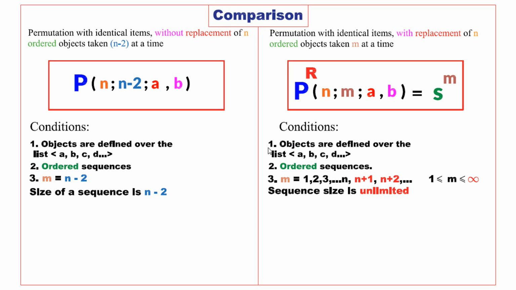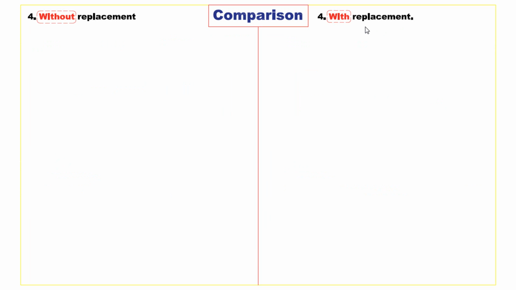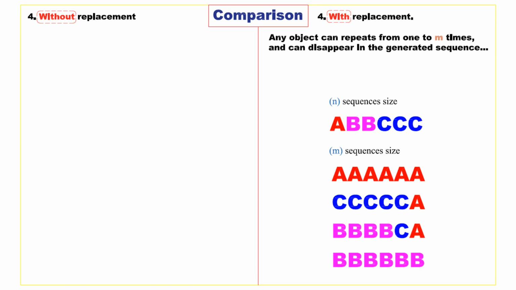As we have seen before, both are defined over a list, both generate ordered sequences, but the only difference is, in this case, the generated sequence size is n minus 2 only, while in permutation with replacement, the generated sequence size is unlimited. As for the case with replacement, any object such as A may repeat once, 3 times, or may repeat m times, or may disappear from the sequence.